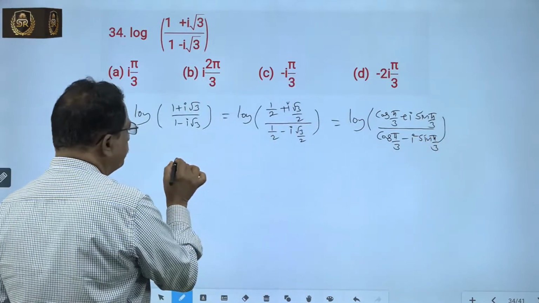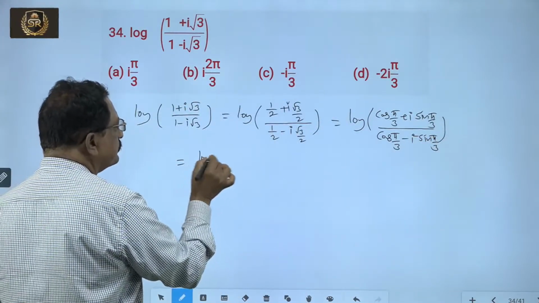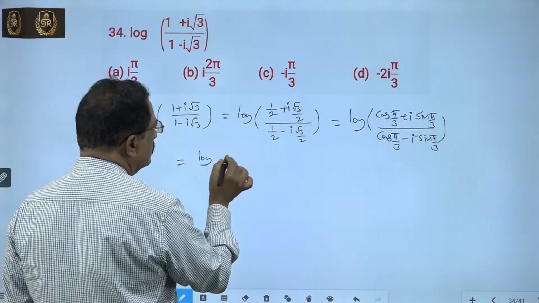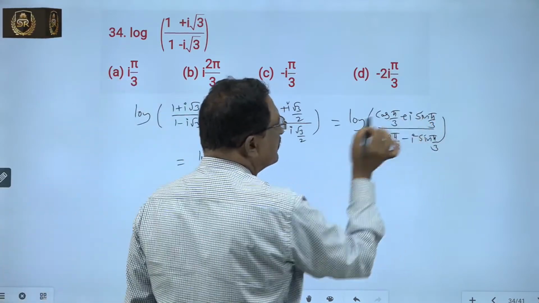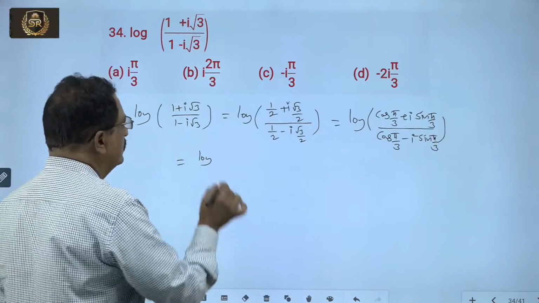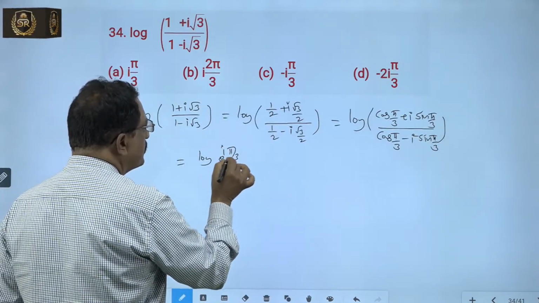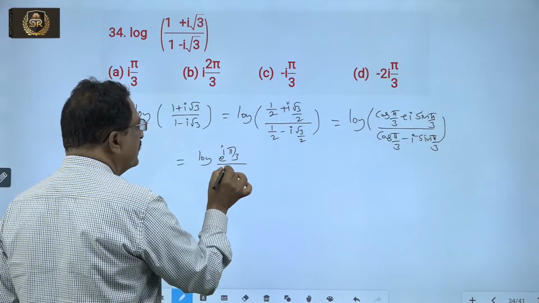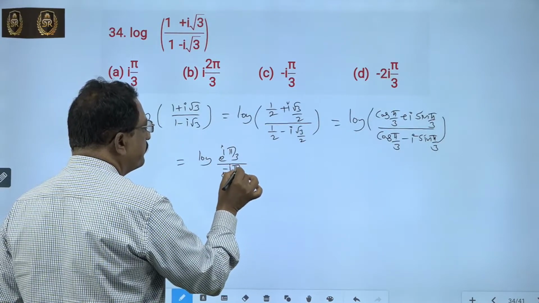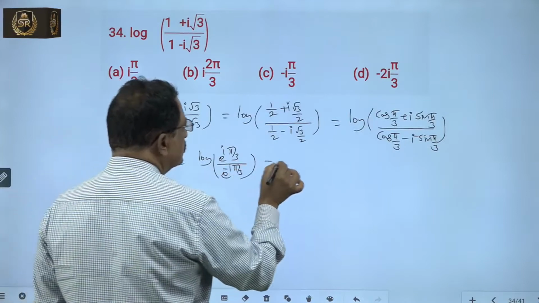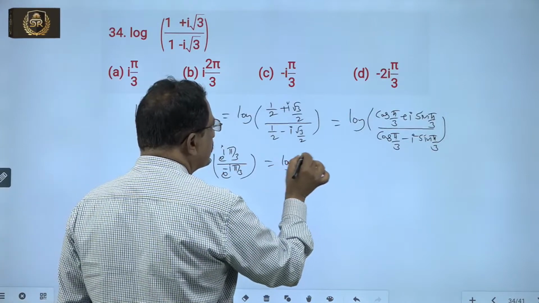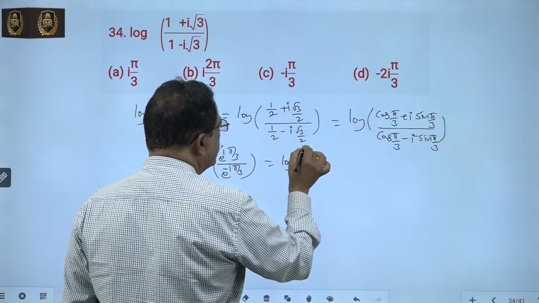That equals log of cos alpha plus i sin alpha, e power i alpha. Now e power i pi by 3 by the denominator e power minus i pi by 3, that equals log of e to the power of i 2 pi by 3.